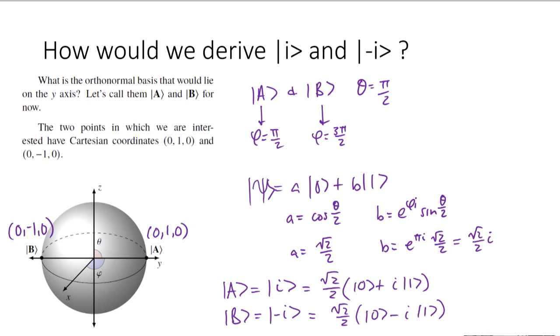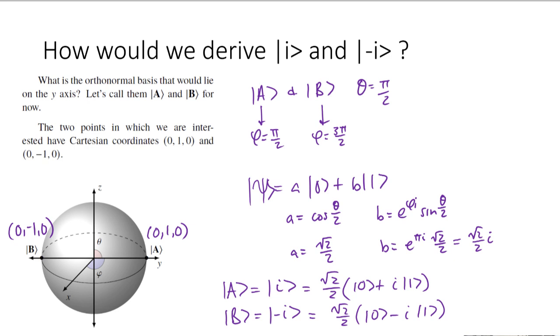And so if we want to go back to our form for our quantum state, psi equals A0 plus B1 in C squared, then we can set A equal to cosine theta over 2 and B equals e to the phi I sine theta over 2. And so that'll get us A equals square root of 2 over 2 and B equals e to the pi I square root of 2 over 2.